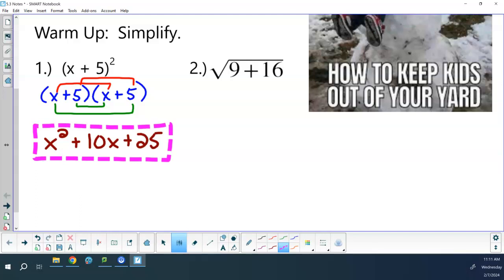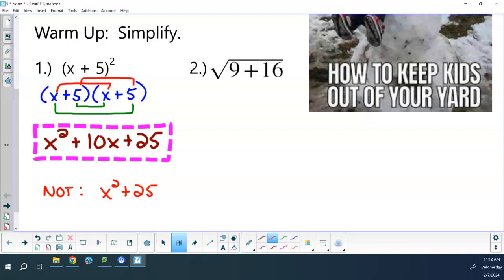Many people here on this one put down x squared plus 25. Now, let's work that mistake. What are people doing if they make x plus 5 quantity squared into x squared plus 25?